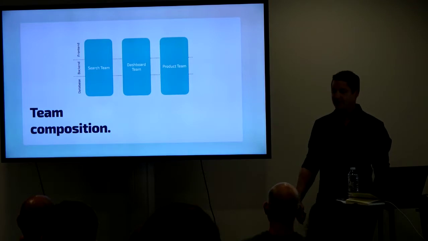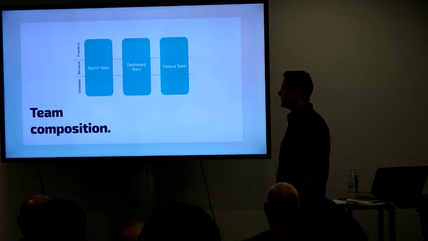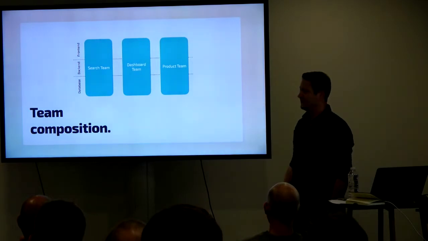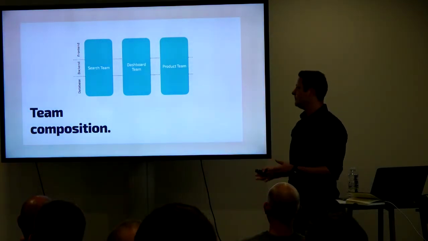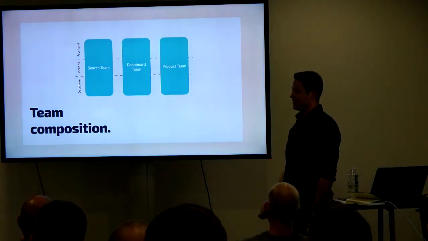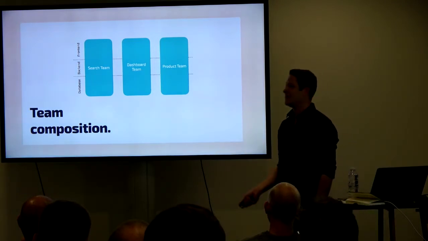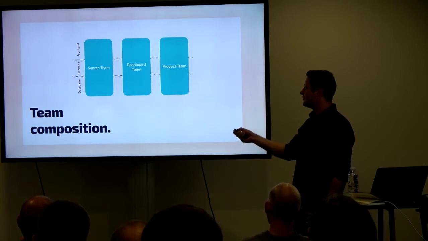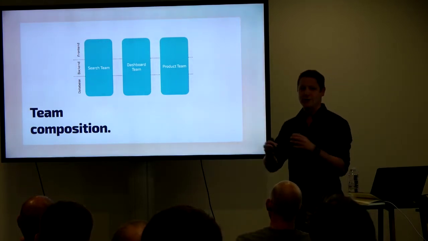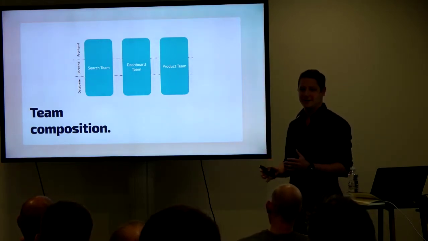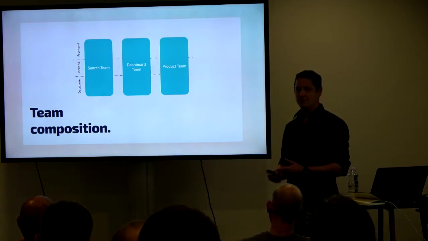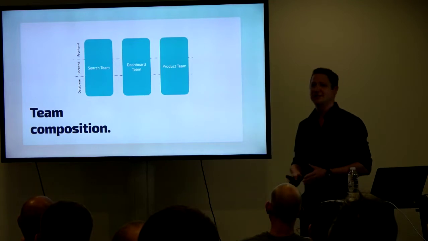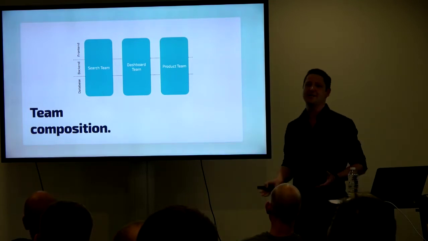One of the things it tries to do is to give us these team compositions where you have a single team that focuses on a specific part of the application. You could have a search team that focuses only on the search part of the application. You can have a dashboard team that focuses on the dashboard, digs into this problem and specializes in it.